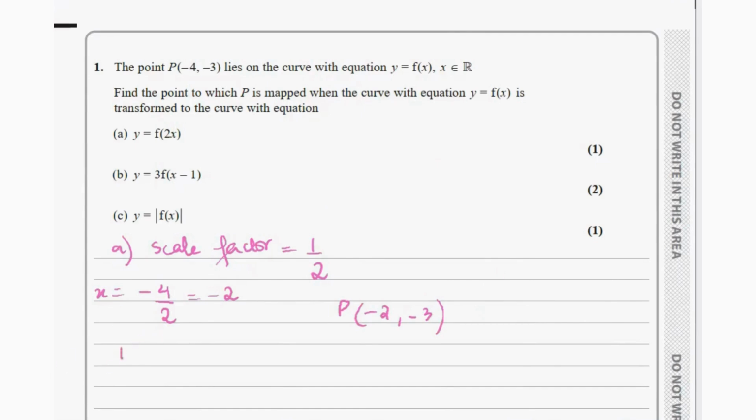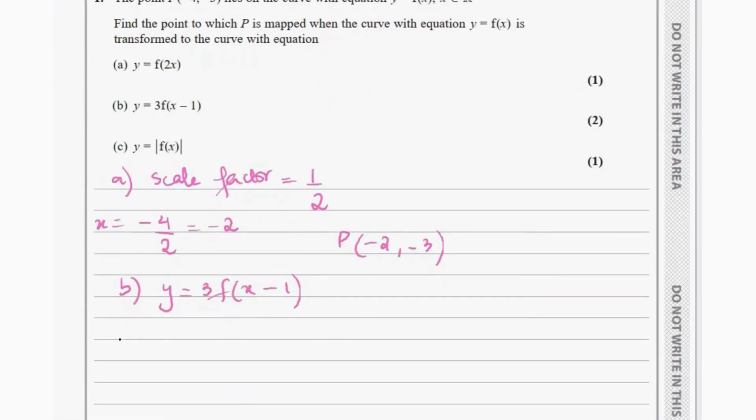Then after that, the equation is y equals 3 times f of x minus 1. So now we're multiplying the function by 3, which means the y value is going to change. And for x, we're subtracting 1 from x, which means we're moving the graph 1 unit to the right side, not the left. So for x, we're going to add 1 to -4, which gives us -3.